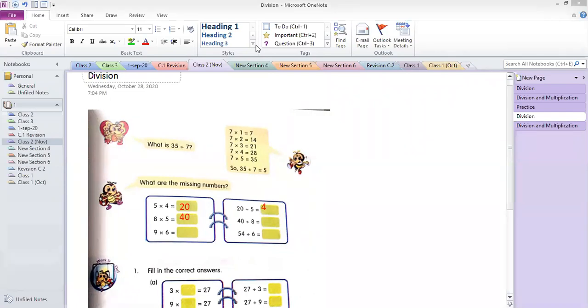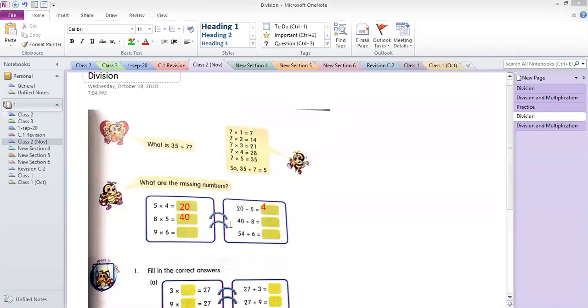Yes, Abdulaziz. If 8 multiplied by 5 equals to 40, can you tell me 40 divided by 8 equals to what? No, I mean 5. Very good. How do you know? Opposite. Yes, because division is the opposite. If you read 8 5 times, you get 40. That's why 5 will be the answer.